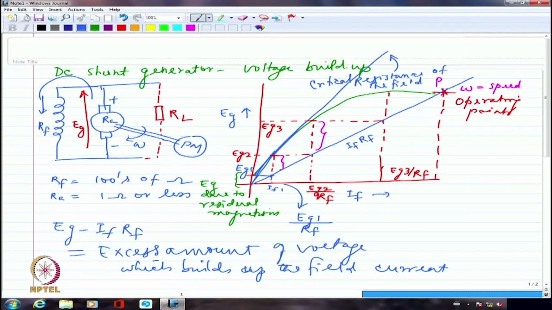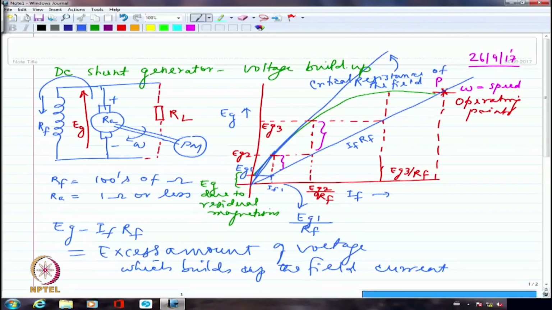It should not kill the residual magnetism. So the current flowing in the field circuit because of the voltage being generated should aid the residual magnetism so that the flux builds up further and further. If it is not aiding, it is rather opposing, the entire thing is suicidal, right? It is not going to work any further.